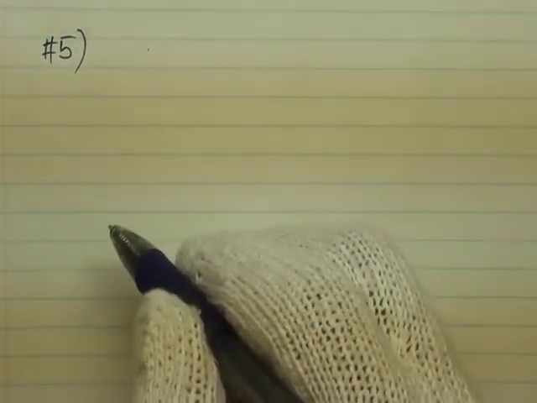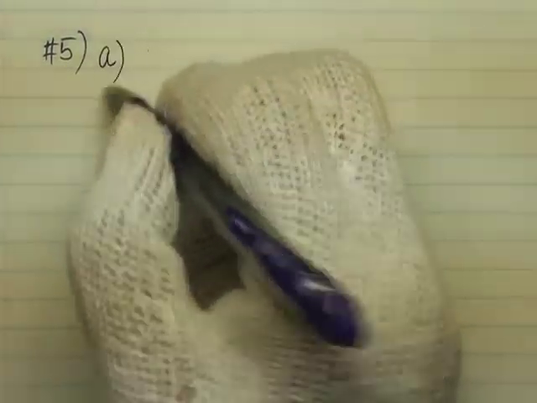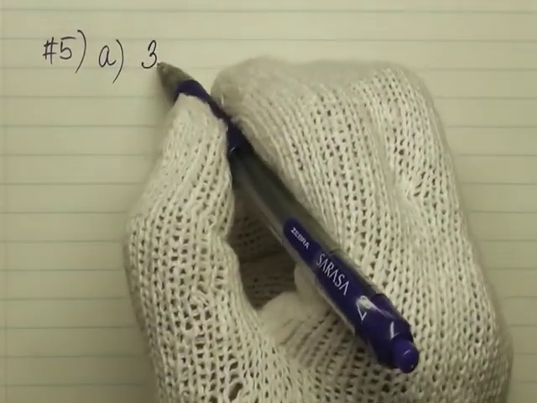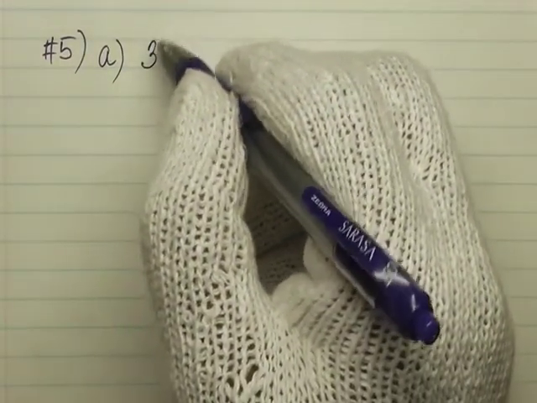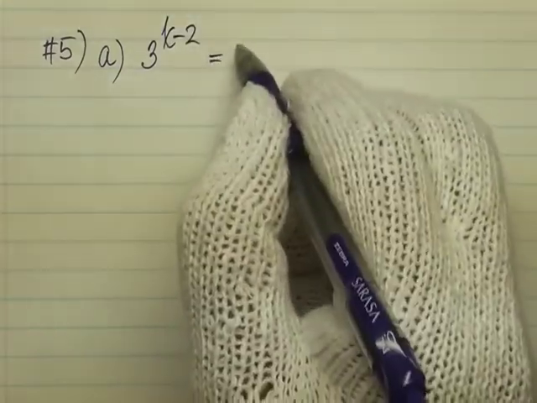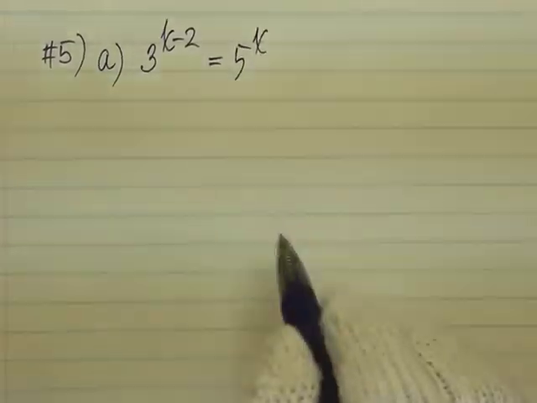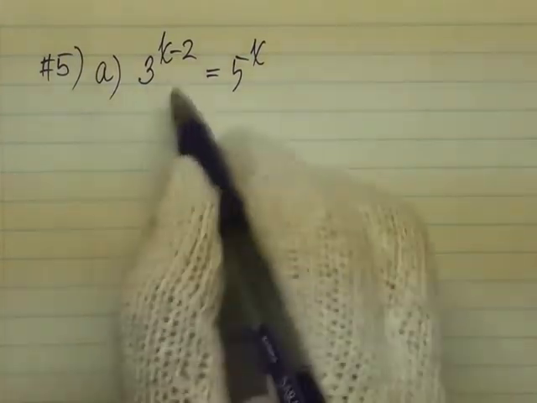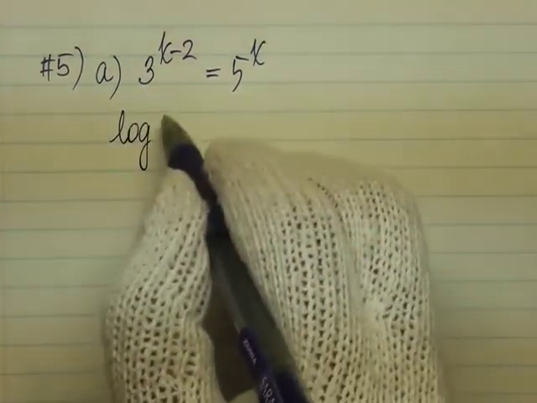Question number 5 says solve exactly. The first question is 3 to the exponent x minus 2 equals 5 to the exponent x. So I'm going to take the log of both sides.